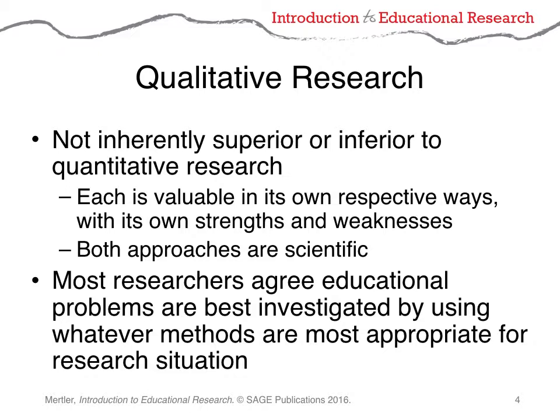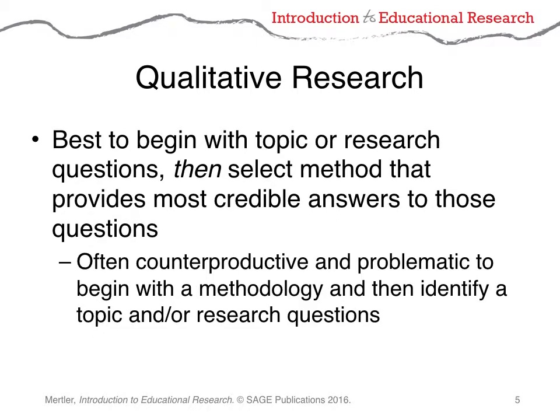And so most researchers, certainly very hip researchers like myself, just kidding, agree that you've got to look at problems and choose the methods that are most appropriate for each situation. So it's best to begin with your topic or research questions and then select the method. It's often counterproductive to say, I'm going to do a single case design study and then work back to your topic. That would be a quantitative approach.